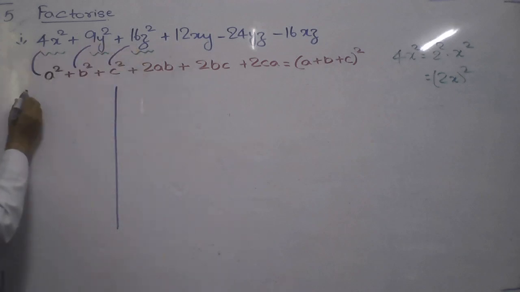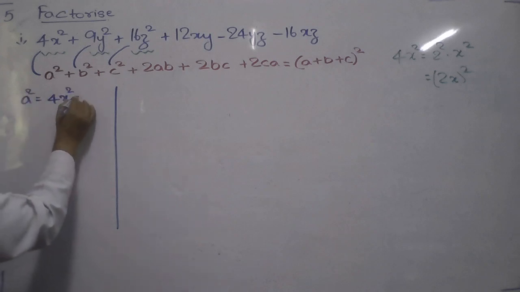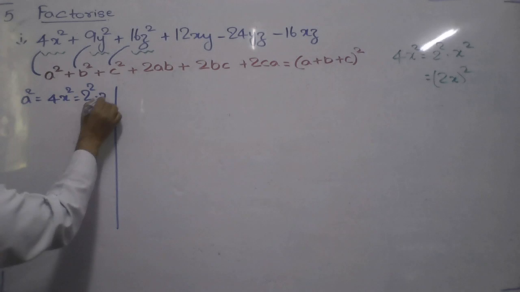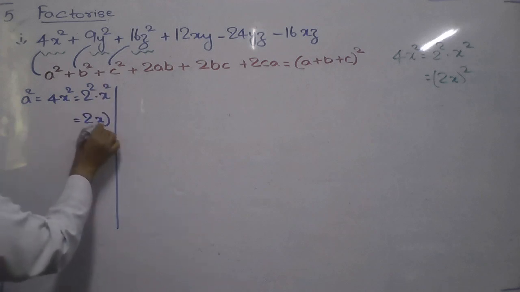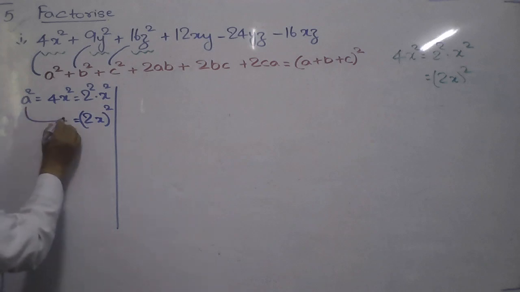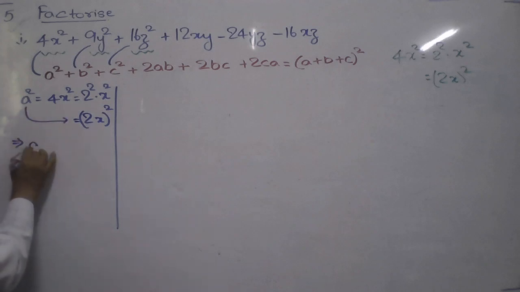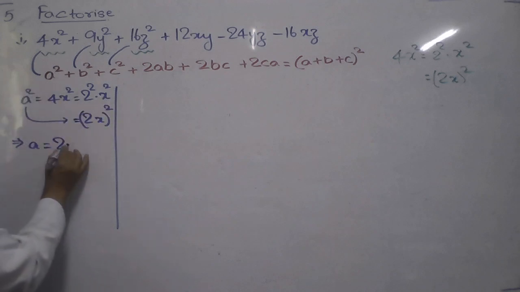Now equate. a square is equal to 4x square. Can I write it as 2 square into x square, that is equal to (2x) whole square? So a square is equal to (2x) whole square, that implies a is equal to what? If I remove the squares, a is equal to 2x.